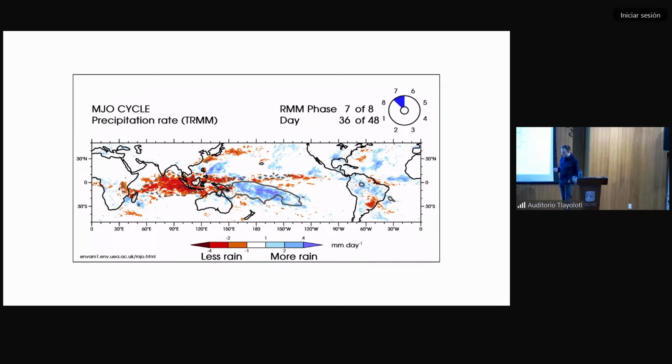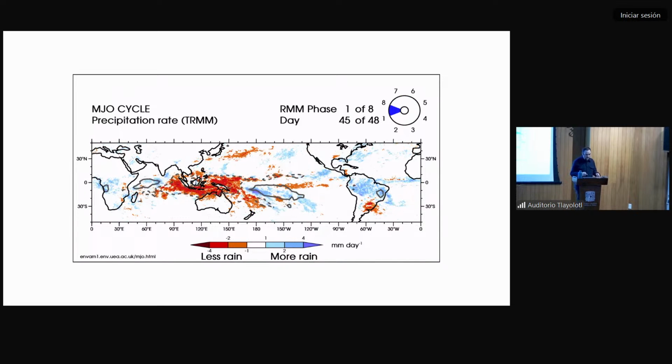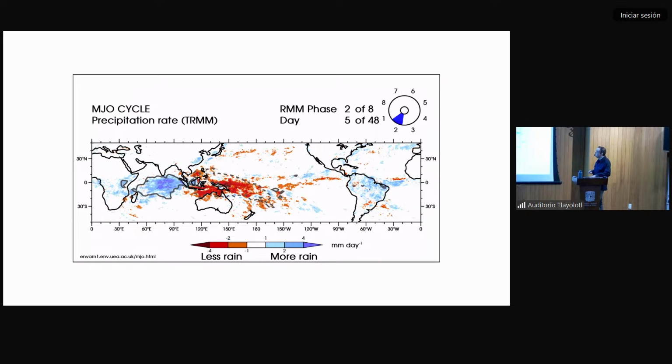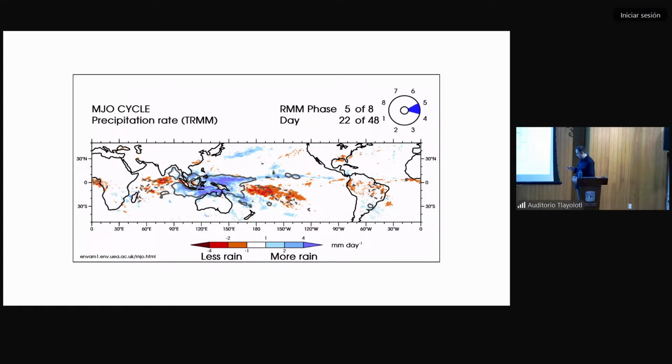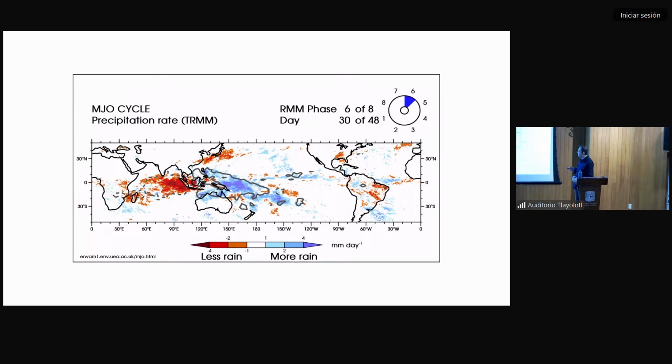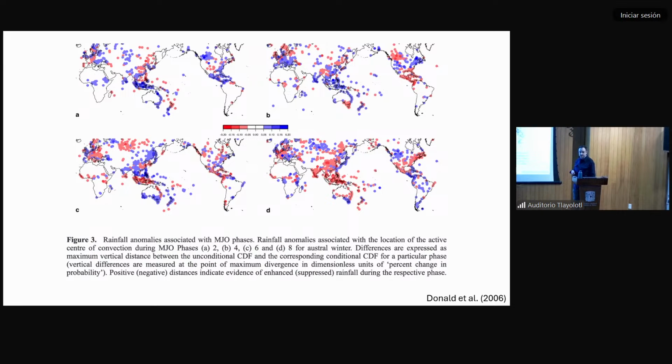So that's one of the most typical ways we approach the relationship of these oscillations with different phenomena. For example, this is the question you were asking.